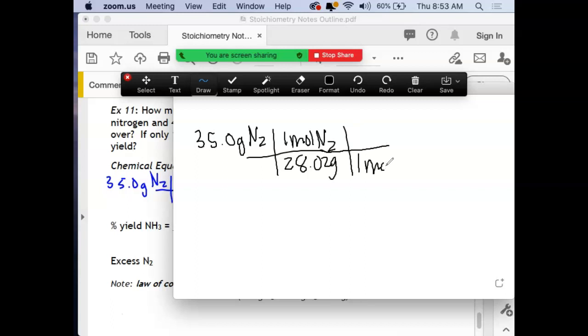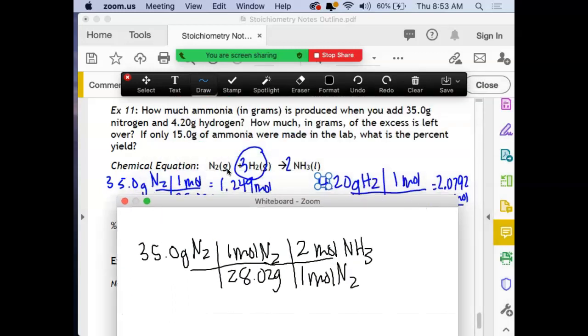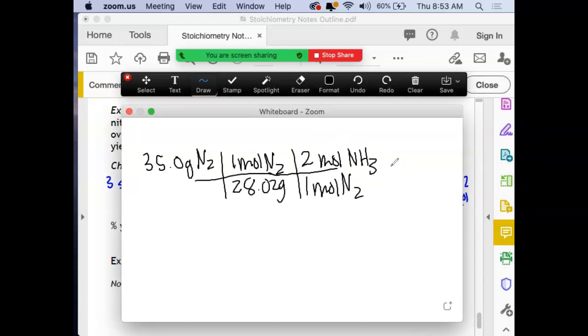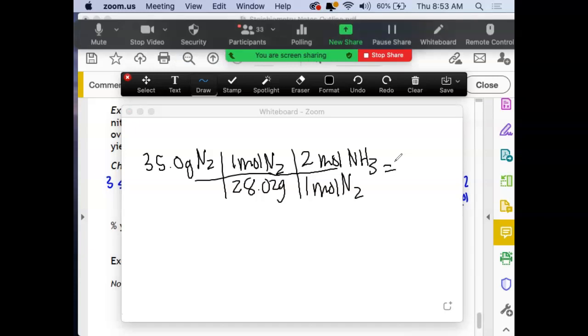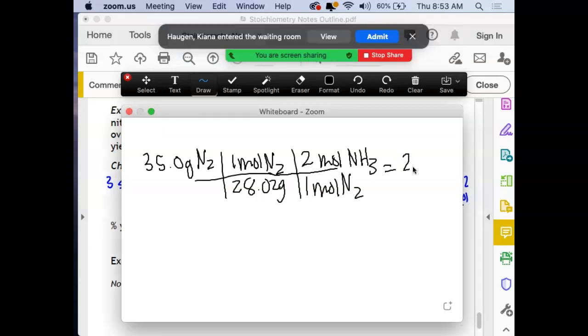For every 1 mole of nitrogen that react, 2 moles of ammonia are produced. How did I get that? From my balanced chemical reaction. This is a 1-to-2 ratio. So this number in moles comes out to be 2.50 pretty much, moles-ish, okay?